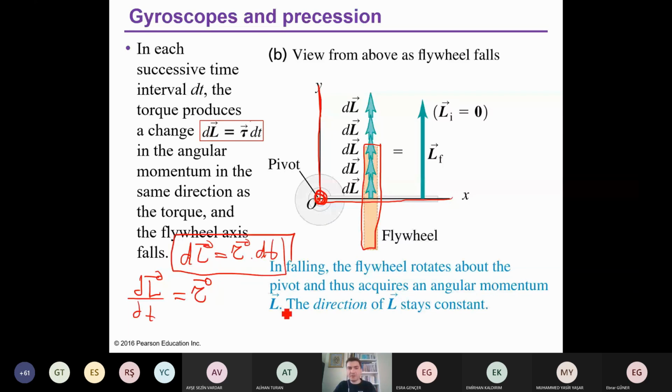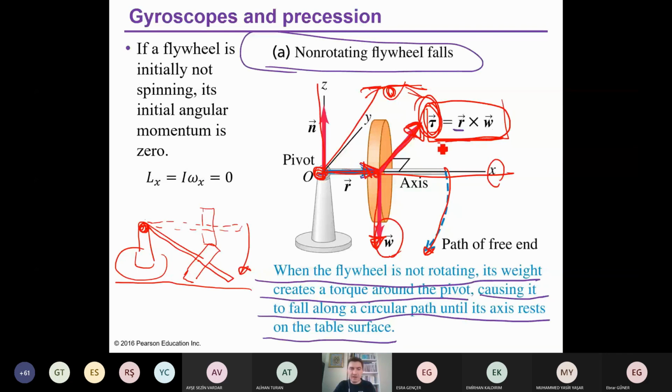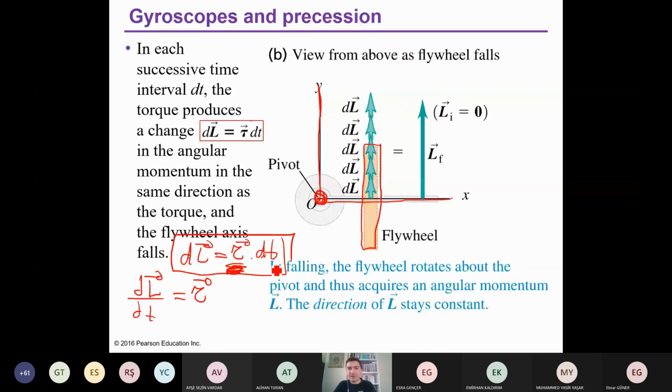I have a constant torque acting on the flywheel due to the weight here. This is the torque, okay? But what about dt? For each time interval, I have a different dL.